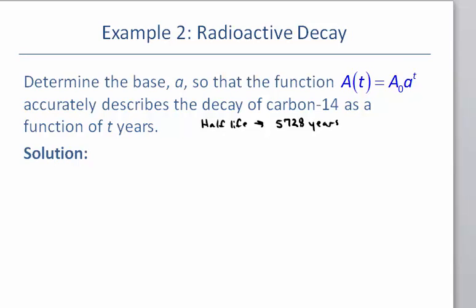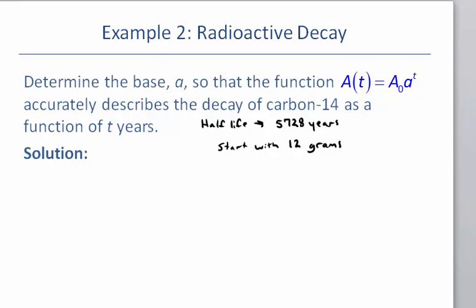So the first issue with this problem is that they don't tell us what we started with or what we ended with. So we're going to select some numbers, and we just need to be sure that they hold the relationship of one number being half the other. So let's say that we started with 12 grams.